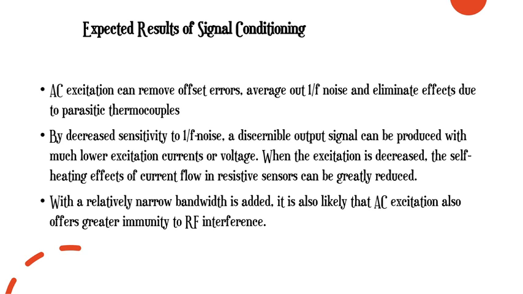When the excitation is decreased, the self-heating effect of current flow in resistive sensor can be greatly reduced. With a relatively narrow bandwidth added, it is also likely that AC excitation also offers greater immunity to RF interference.